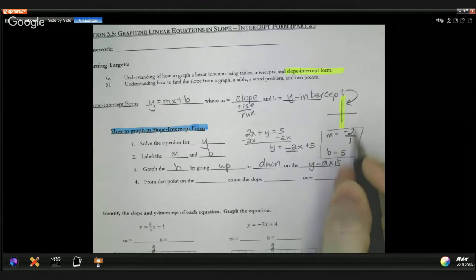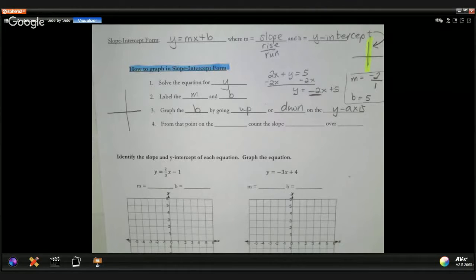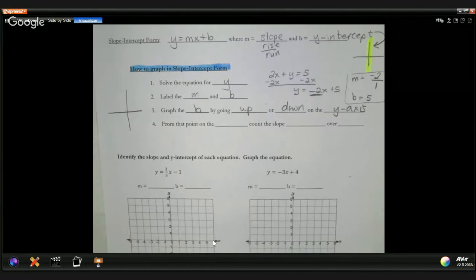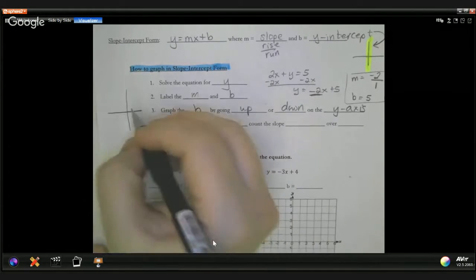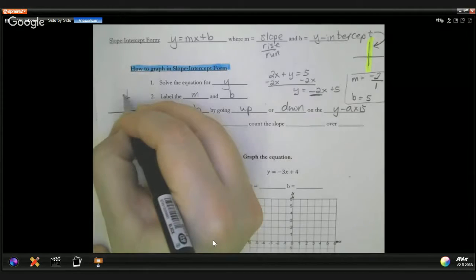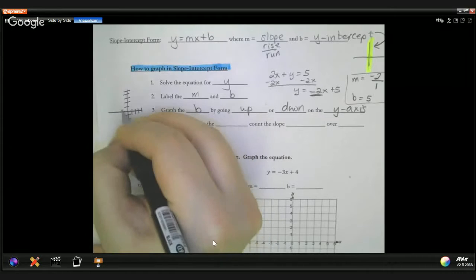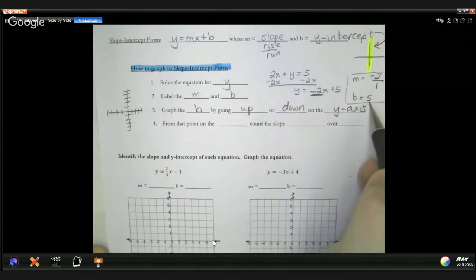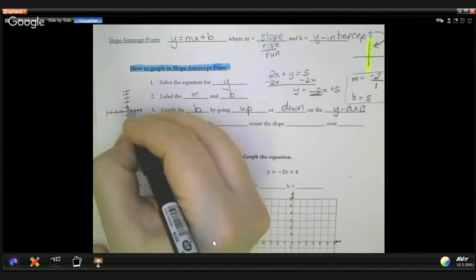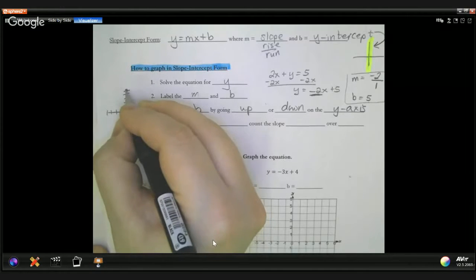My y-intercept is 5. So I'm going to start off by drawing my axis and making my tick marks. Since my b is 5, I know I'm going to go up 5. 1, 2, 3, 4, 5.